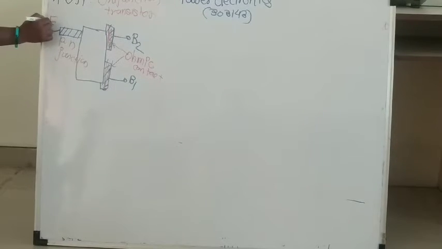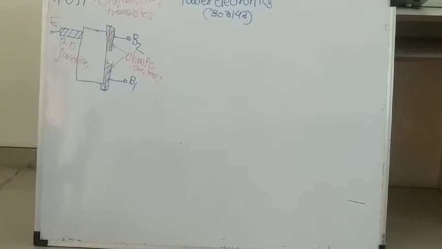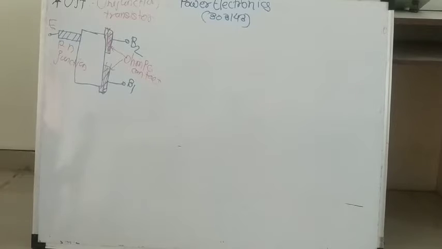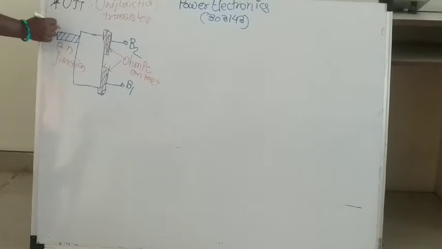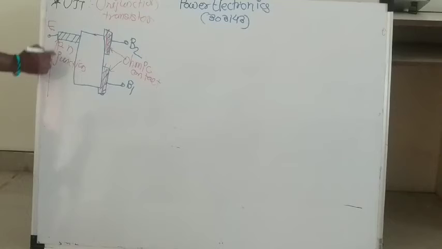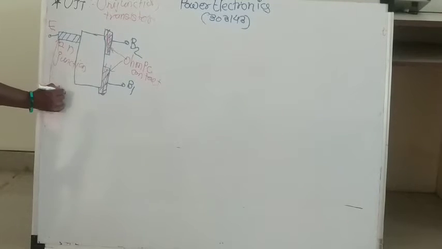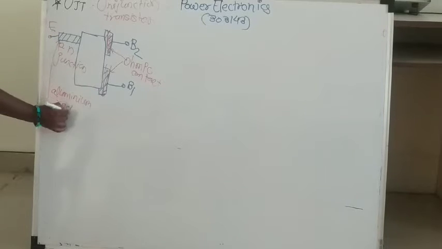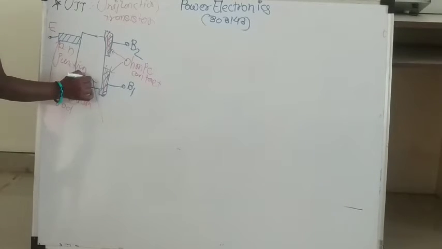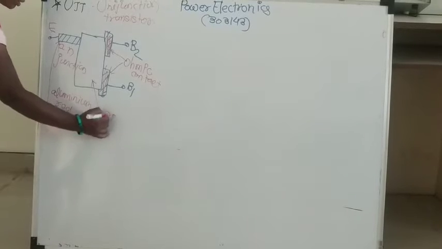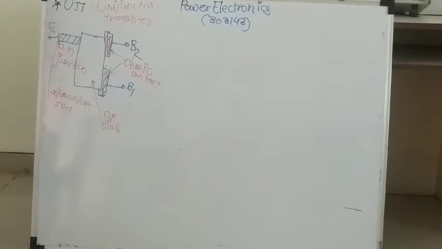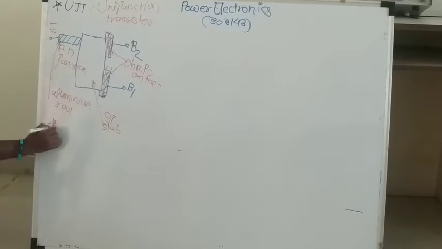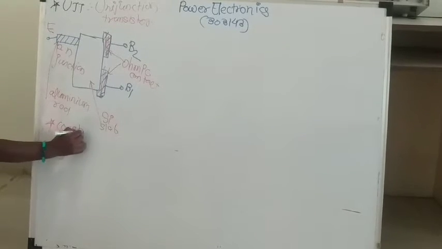This is the emitter terminal, and also this rod is called as an aluminium rod. And this is called as a silicon slab. This is the construction diagram of UJT.